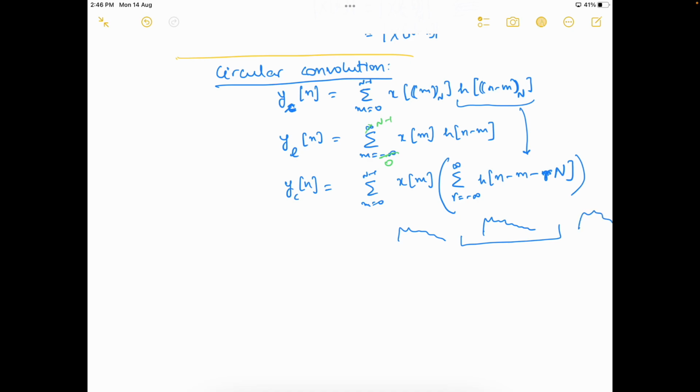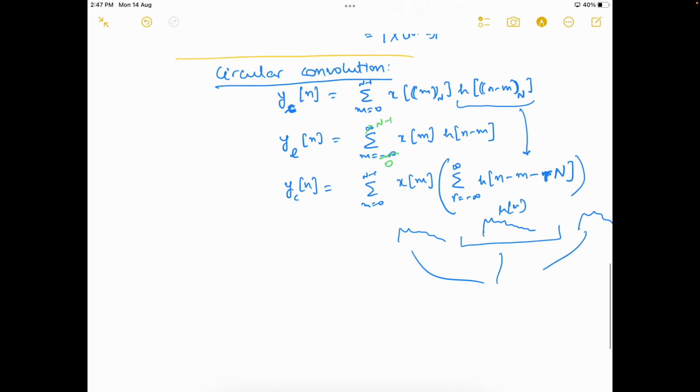Now you move your window anywhere, you will see h of n will be a circular thing, right? That's what we are doing. So the original h of n was only a single thing. But if you take all three of them, it becomes h of n minus m minus rN, summed over all r. You basically create copies and then put them this way. Okay?